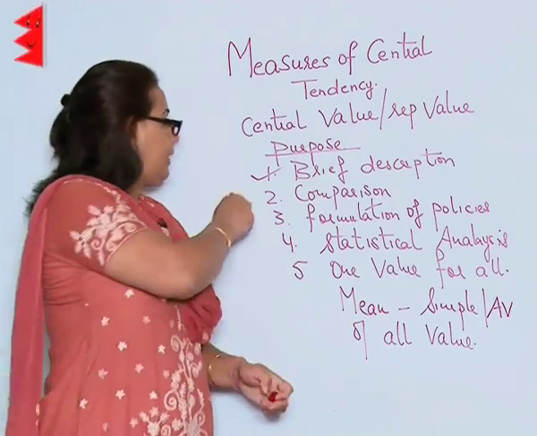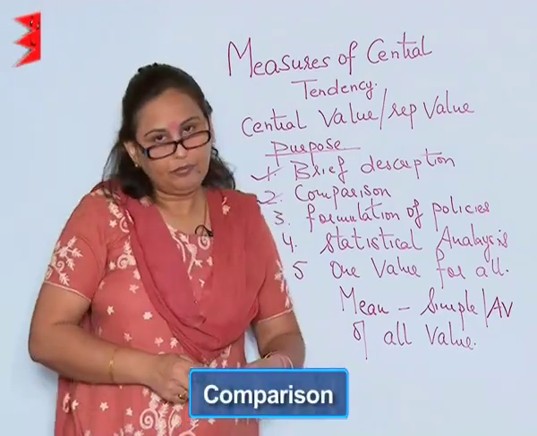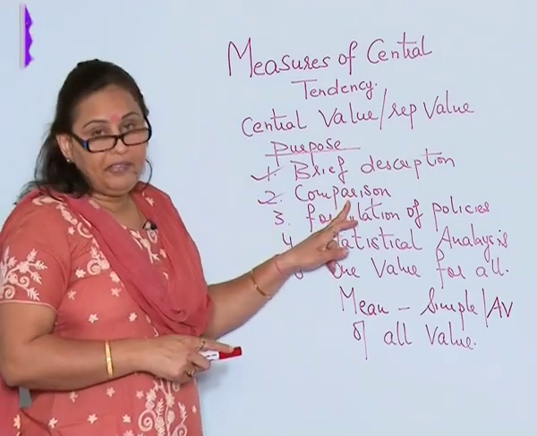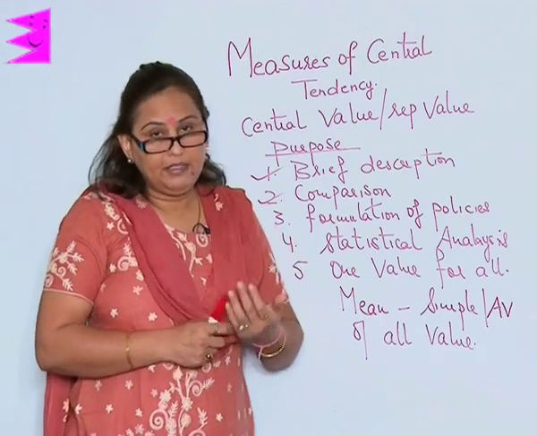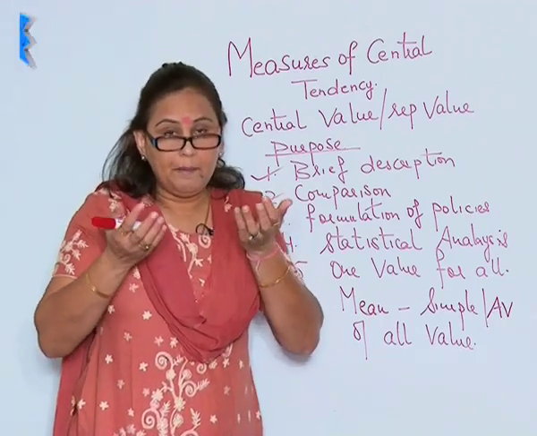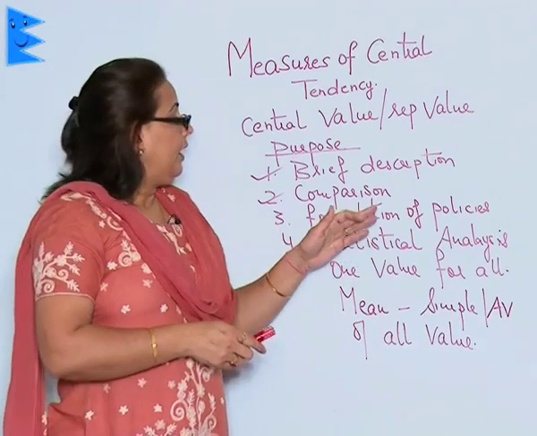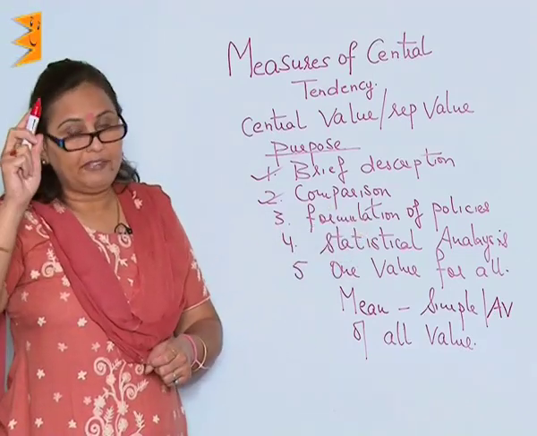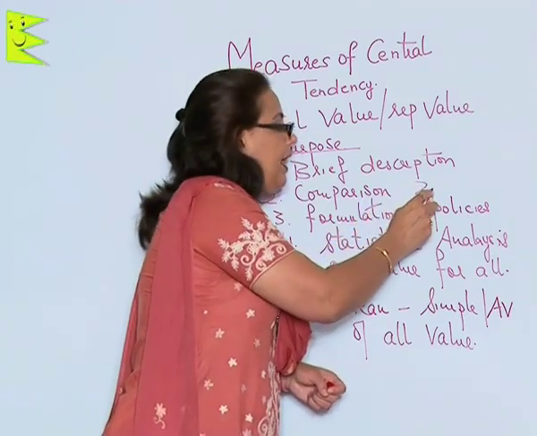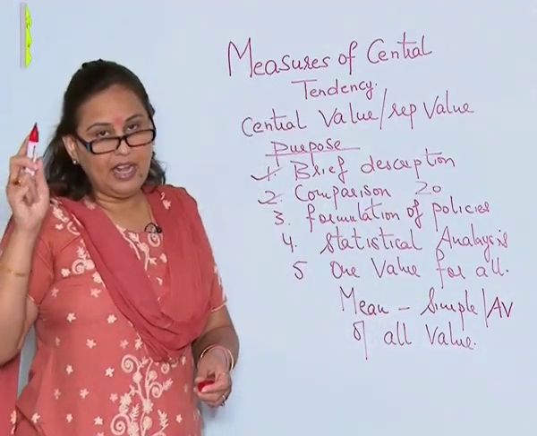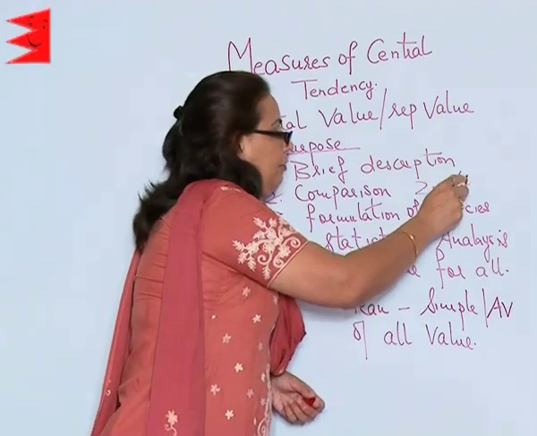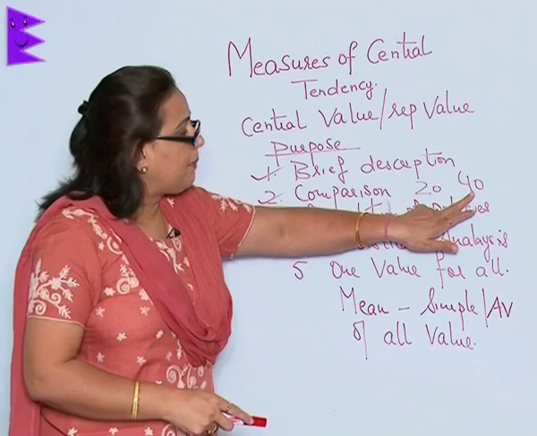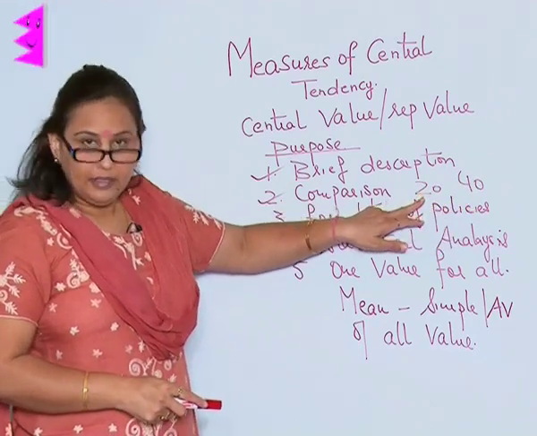The second purpose is for comparison. When we have the central tendency or the central value, it is very easy for us to compare. For example, if the central value of the students of class A is 20 and of class B is 40, we will be able to easily say that this is a brighter class than that.